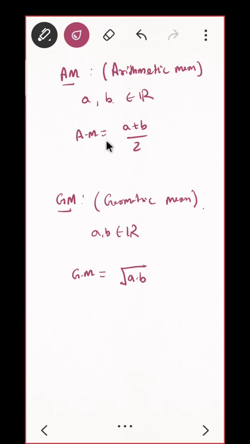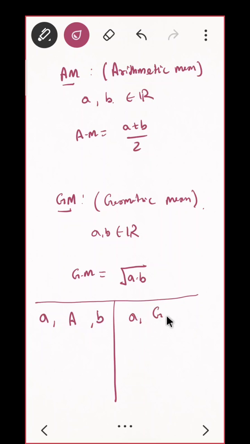Somebody just told that in arithmetic mean they are in arithmetic progression. So if I say a, and there exists b, and in between that is the AM, I will write it as A. Is that okay? Similarly here I'll write the geometric mean as G, and the second one is b.